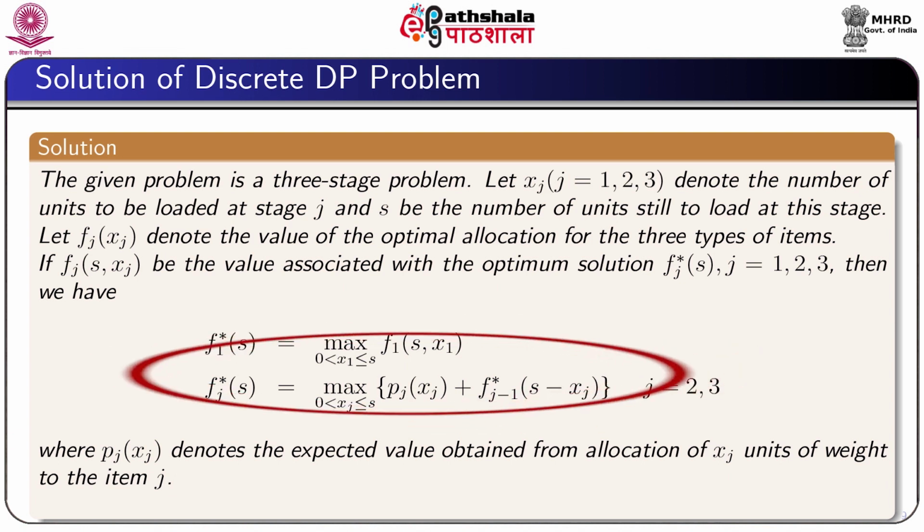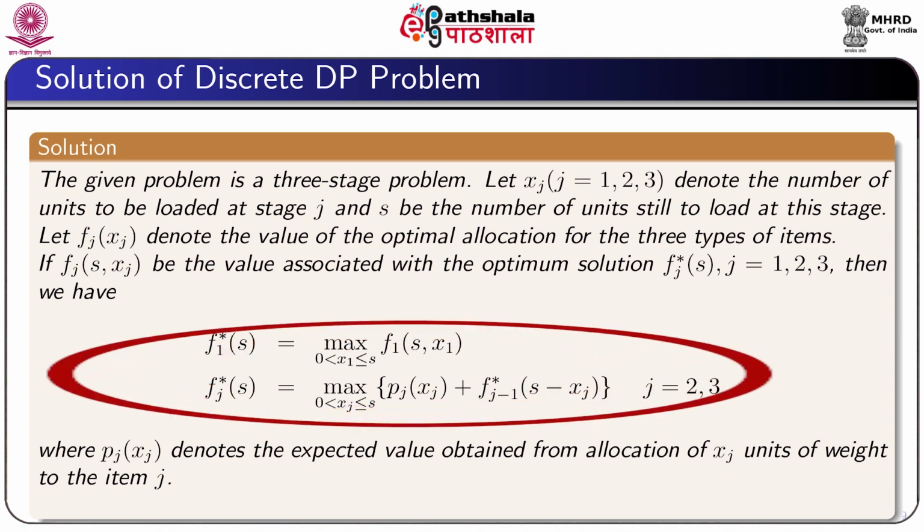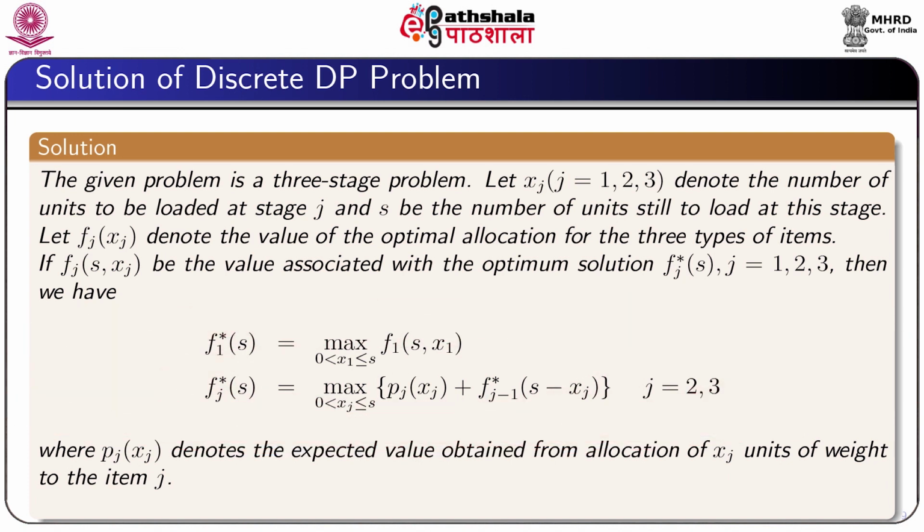f1 star is equal to the maximum of f1(s, x1), where x1 takes a value between 0 and s, 0 less than or equal to x1 less than or equal to s, and fj star is equal to the maximum of pj(xj) plus f(j-1)(s minus xj) for j equal to 2 and 3.